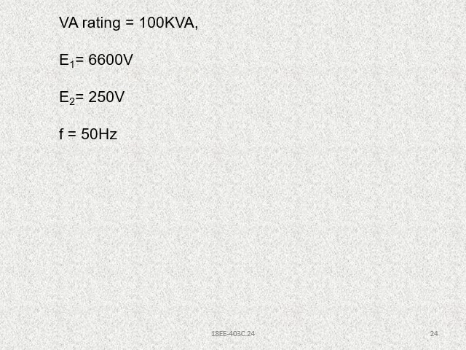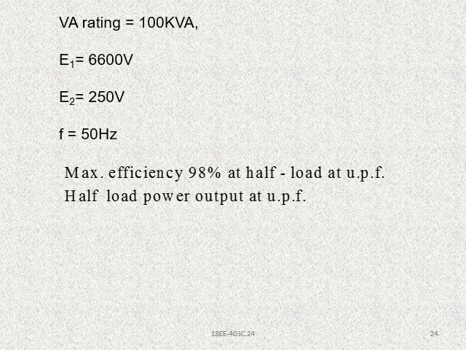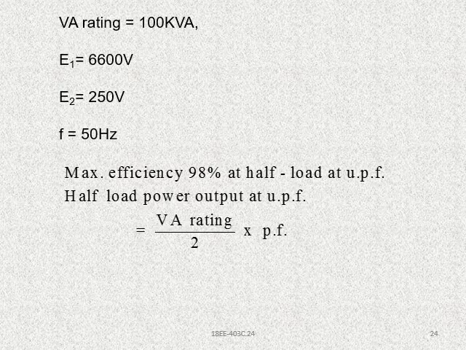The VA rating is 100 kVA, E1 is 6600 volts, E2 is 250 volts, and frequency is 50 Hz. And he just gave us the maximum efficiency, 98% at half load at UPF. The half loaded power output at UPF is given directly by VA rating by 2.